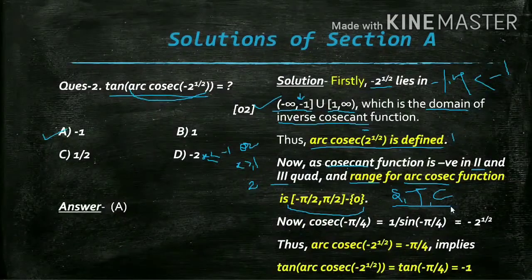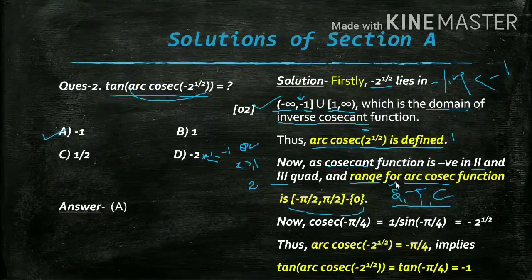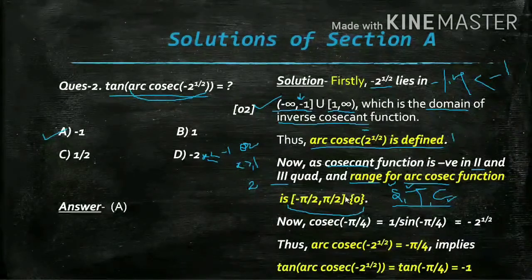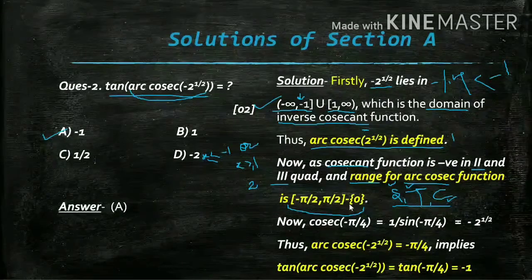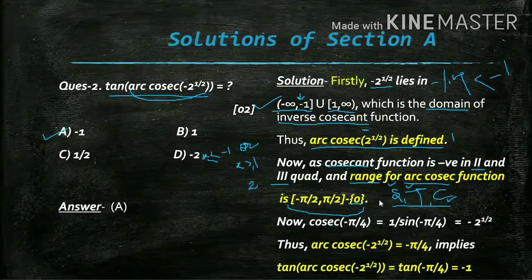Just the endpoints are changed. In sine you have the closed interval minus pi by 2 to pi by 2. In tan you have the fully open interval, and in cosec you have the closed interval. You also need to exclude the point 0, meaning you cannot take the value 0. I told you this, and you know the range, because this is very important.